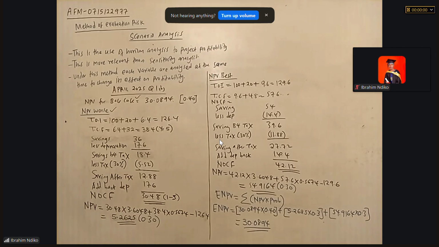Yeah, so that is how you are supposed to do that question. Any question? Maybe you can give me a question that is similar, I try and see if I'll work it out.